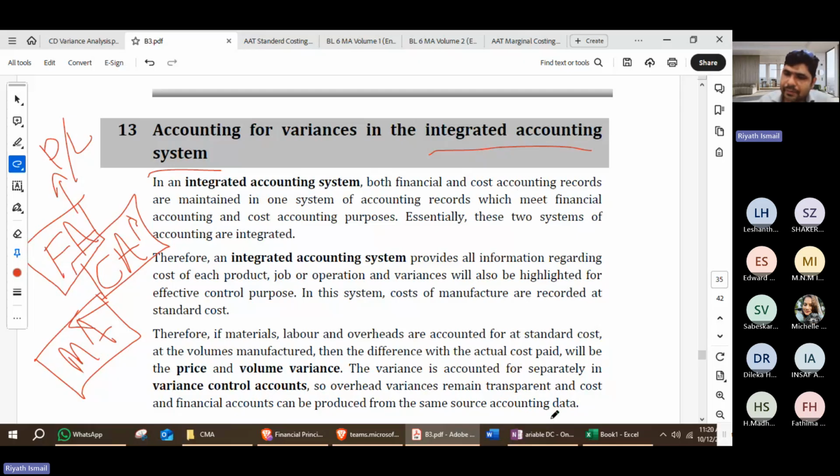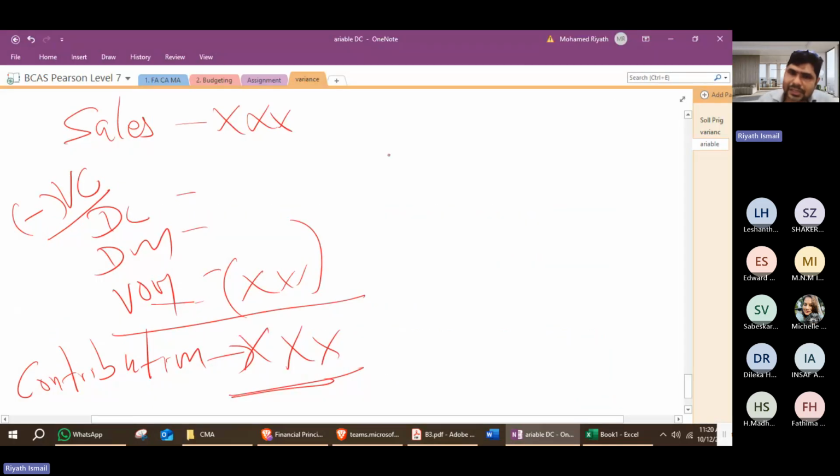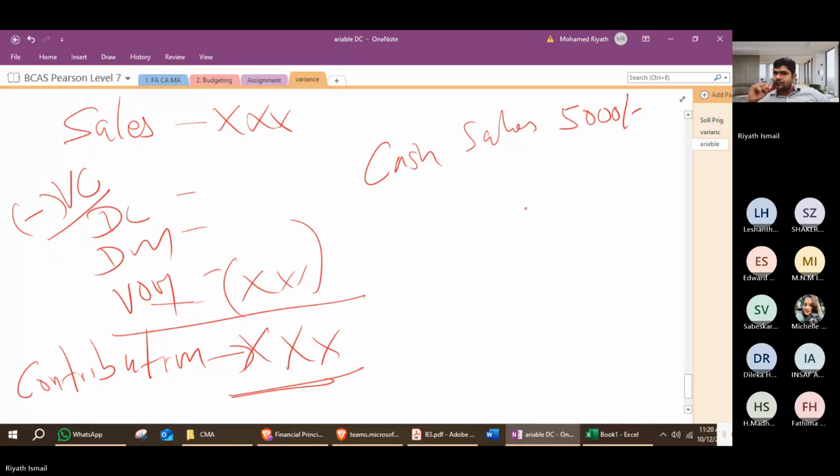Can you tell me what the double entry for cash sales of 5,000 is, debit and credit?